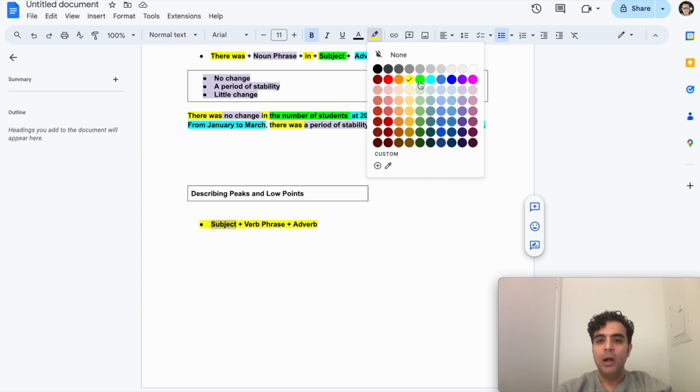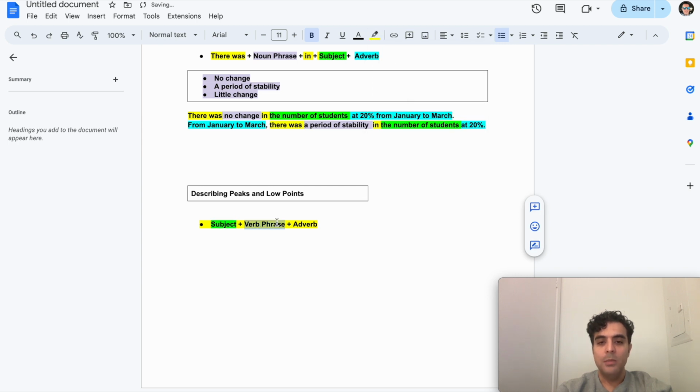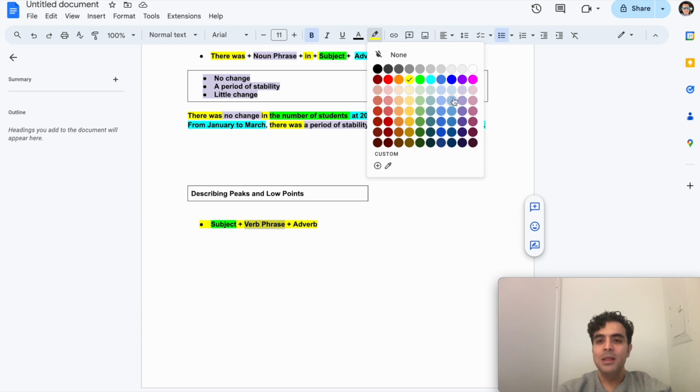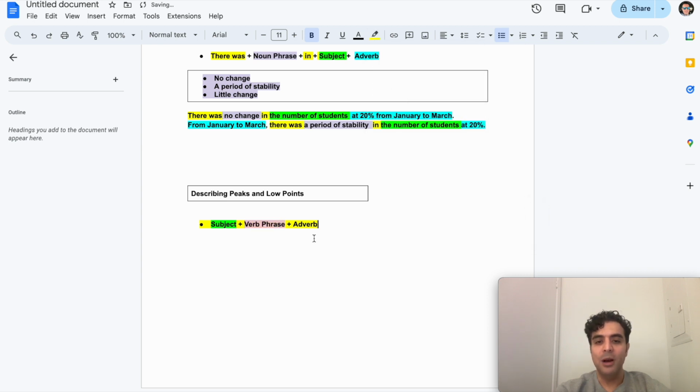It'll make your life a lot easier when it comes to the actual writing process, because I've had students tell me that when they're taking the test, sometimes they see what needs to come next because they're familiar with the color pattern. So they know, oh, whenever I have a subject, I need to follow it up with a verb, and that's that red color, or the adverb.